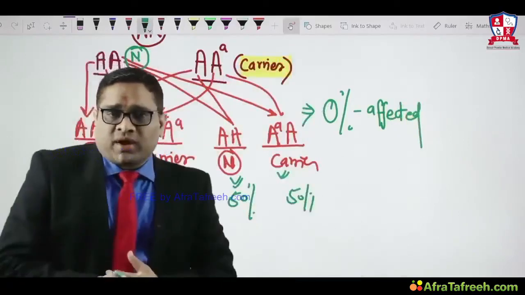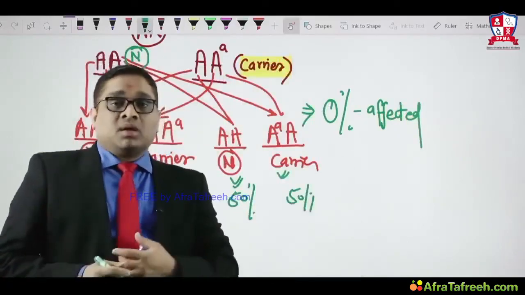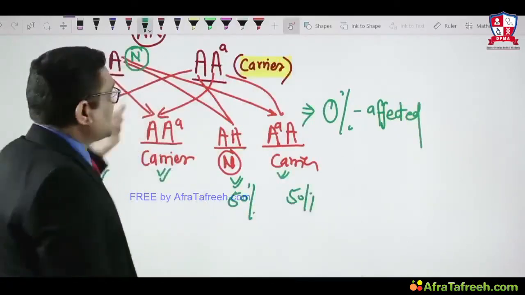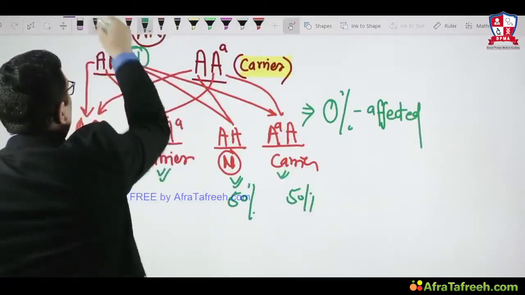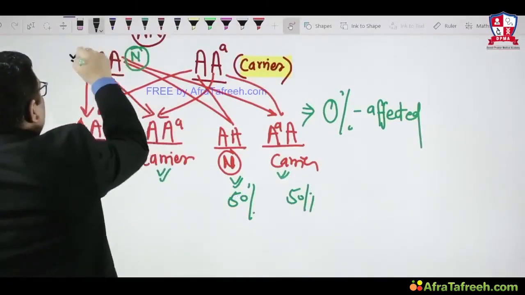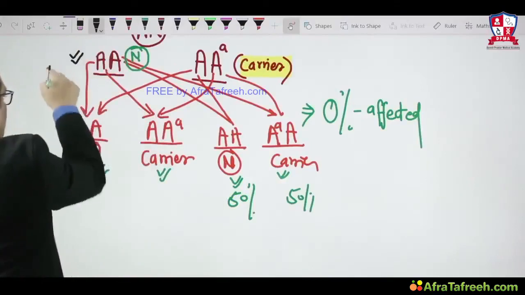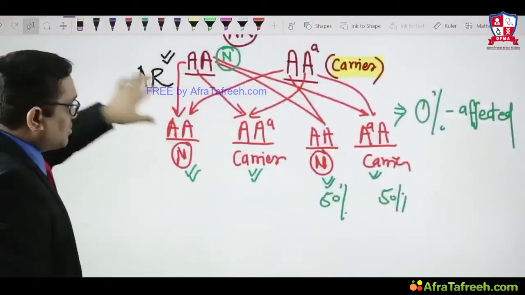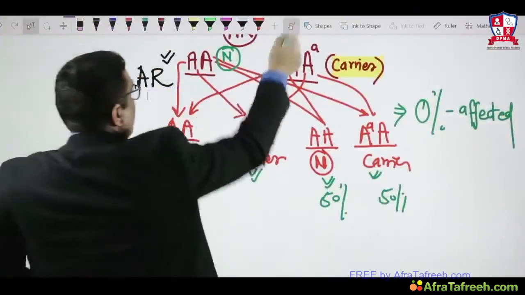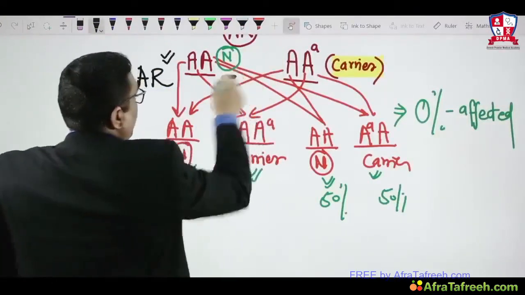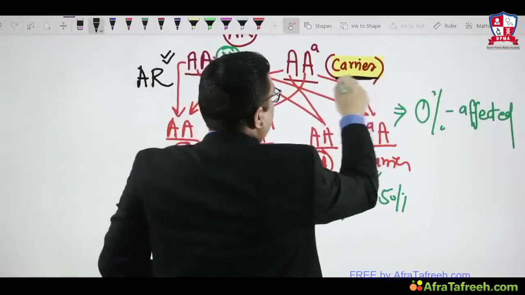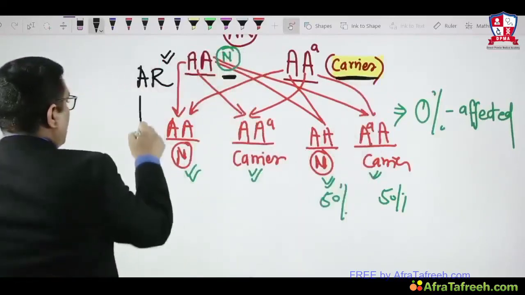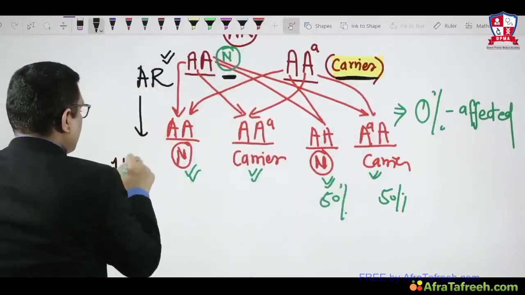This question was modified in All India exam 2014, and the question was asked like this: if in an autosomal recessive disorder, see what I'm writing, in an autosomal recessive disorder, one parent is normal, one parent is carrier, and one kid is affected.